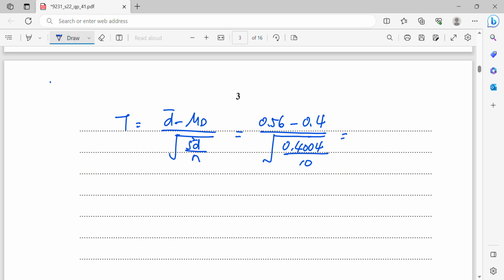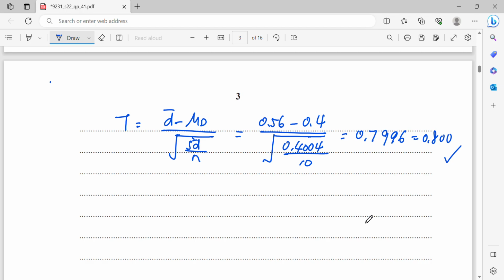When you calculate this value, it will be 0.7996. But we always write our answer correct to 3 significant figures. So once I have rounded up this value, it becomes 0.800.